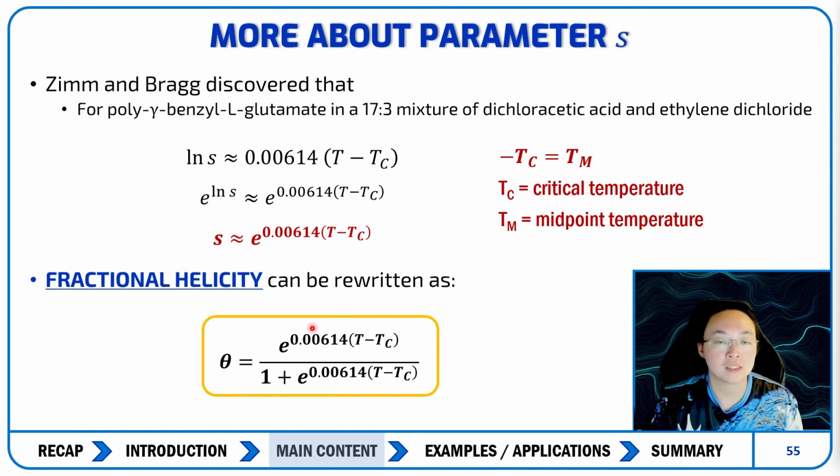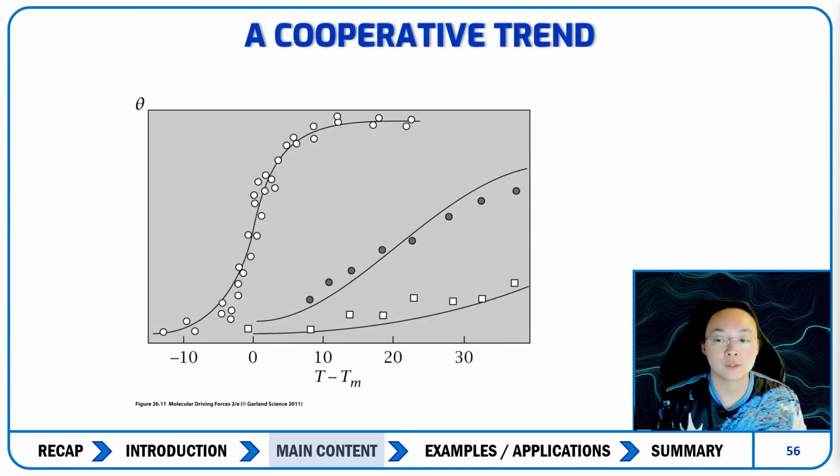Because it's S over 1 plus S, we have theta equals e to the power of this over 1 plus e to the power of this, which gives us that sigmoidal curve from before. Looking back at our graph from before, we can now see that fractional helicity is related to temperature relative to some midpoint, Tm, for long chains from optical rotation data. So it's pretty much the same graph, just a change of variables.